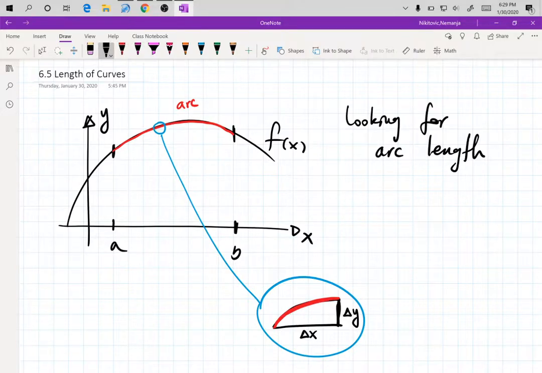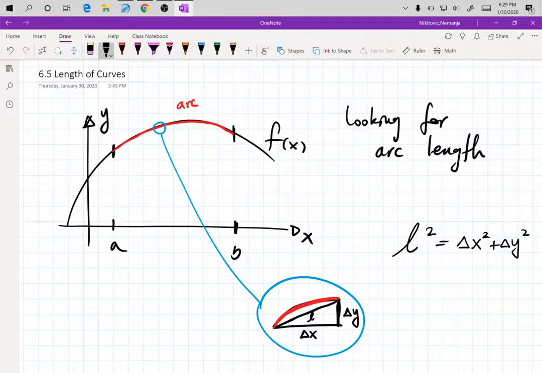And then there is this line L, and we can use the Pythagorean theorem to say that L squared is equal to delta x squared plus delta y squared.